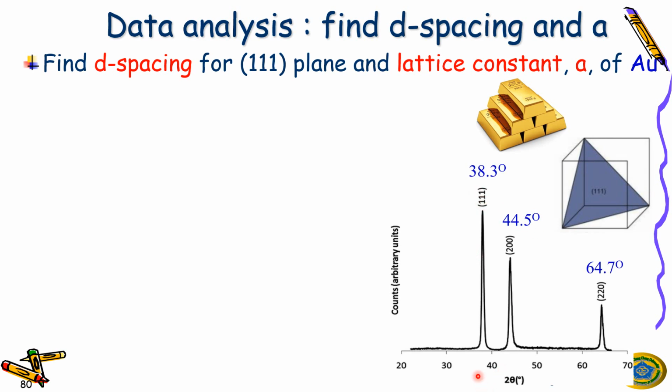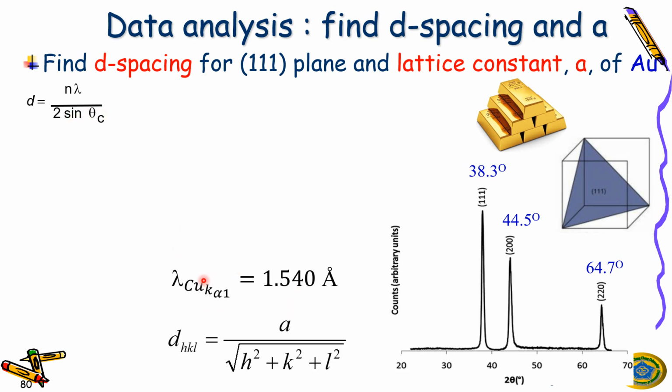If this is 38.3 degrees, use this equation. You find d first, with n regarded as 1, and lambda is the wavelength of the X-ray. Normally we use copper, so the wavelength of copper K alpha 1 is 1.54 angstrom, divided by 2 sine theta.